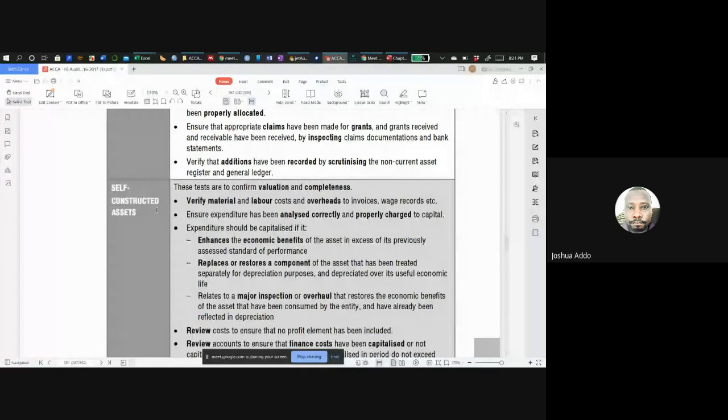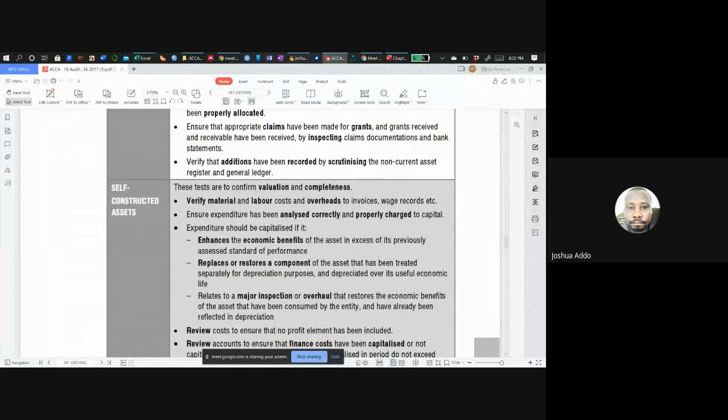If it is a self-constructed asset, what are the specific audit procedures you can perform to validate any relevant assertion? It's telling you these tests are to confirm valuation and completeness, self-constructed assets. Verify material and labor costs and overheads to invoices, wages recorded, etc. So if you verify and everything matches, it gives you an indication of completeness of the accounts.